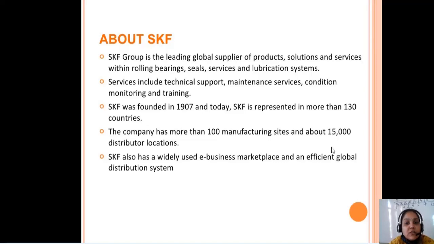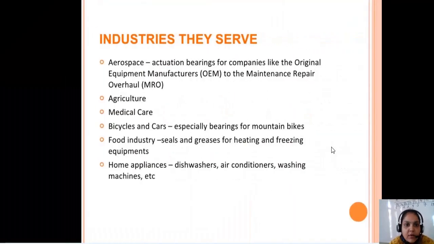It has 100 manufacturing sites and about 15,000 distributor locations. It is one of the very oldest and very trustworthy suppliers, a group of industries.